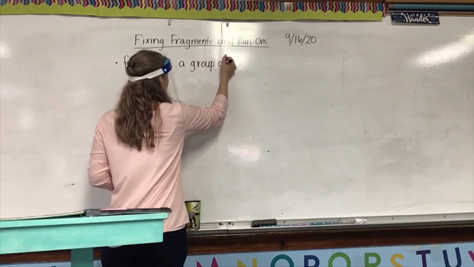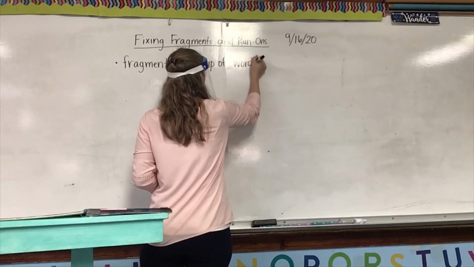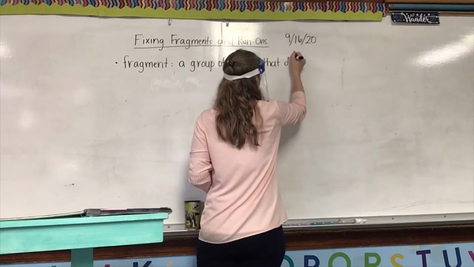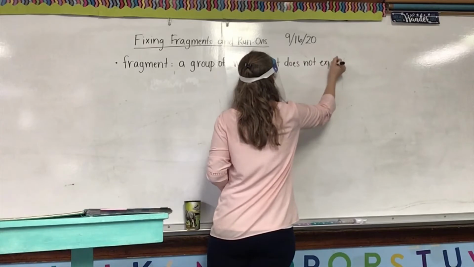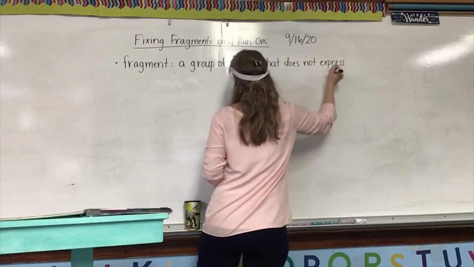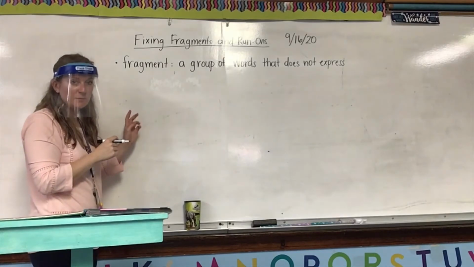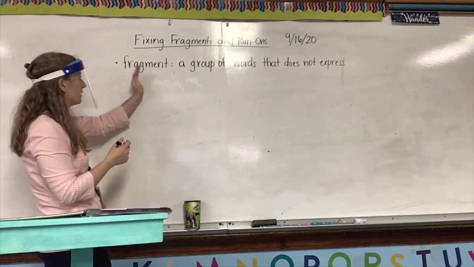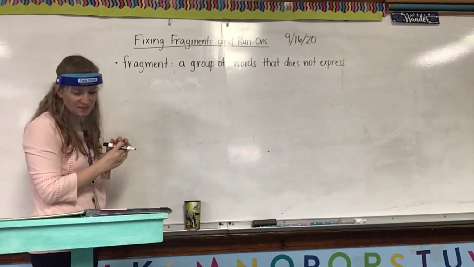a group of words that does not express, and I'm to the end of the line, but instead of lining it up right here and making you think I have another note, I'm going to put a little indentation, a little space between the pink line and where I'm starting my next line.